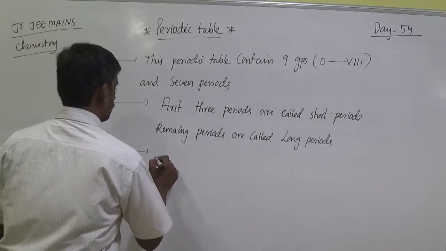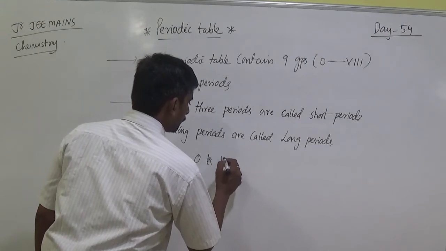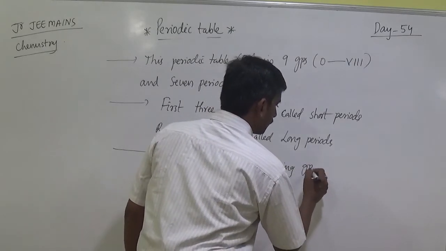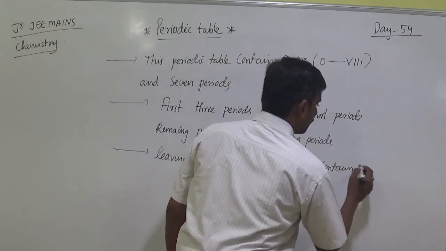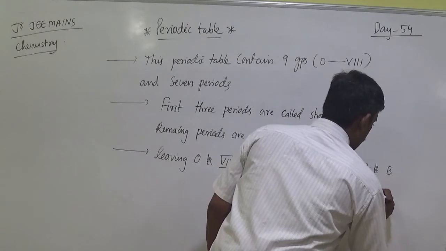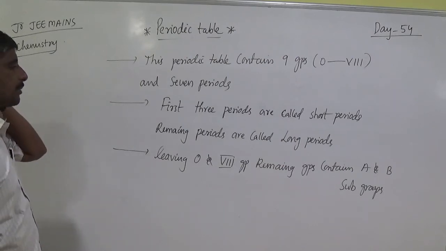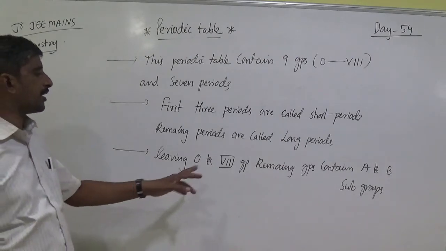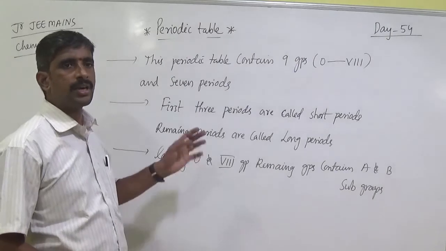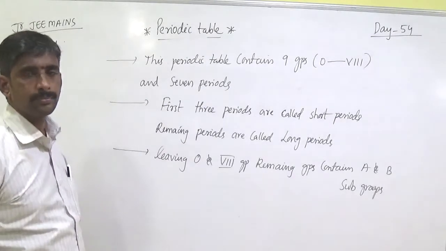Leaving the 0 and 8th groups, the remaining groups contain A and B subgroups. So this is the information of the Mendeleev periodic table.